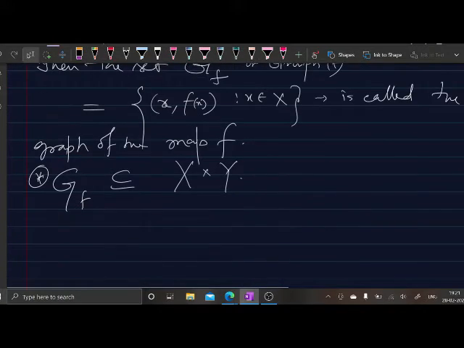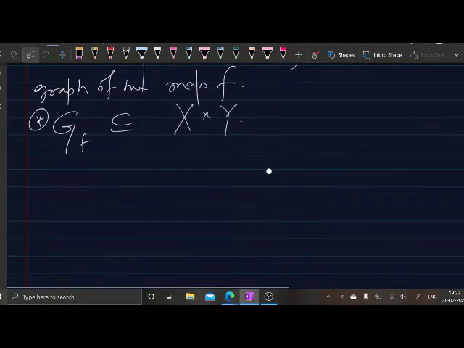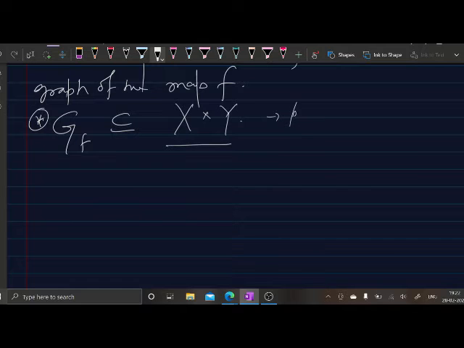Okay. So X cross Y is the product space. So G_f is a subspace in this product space X cross Y. Okay.